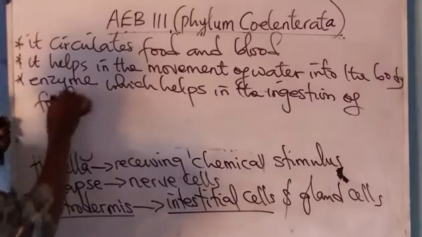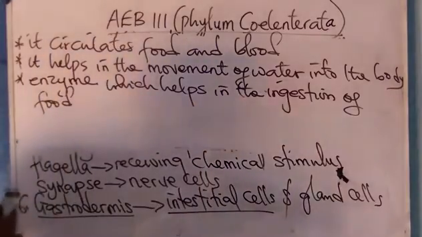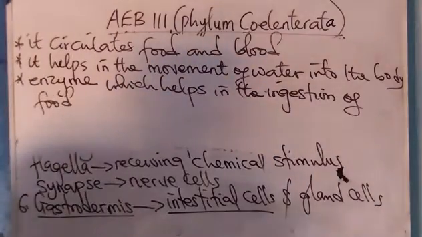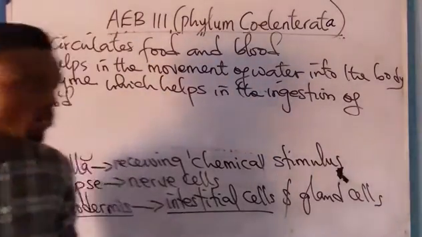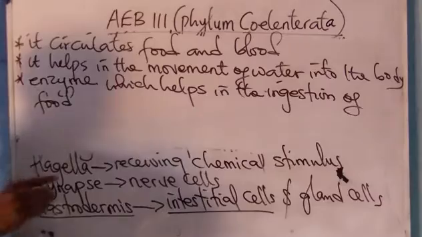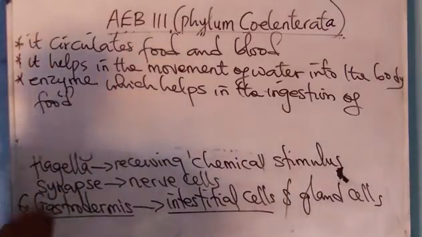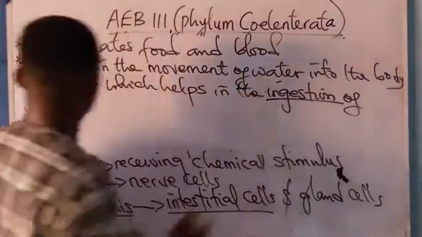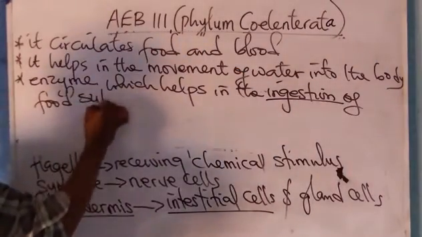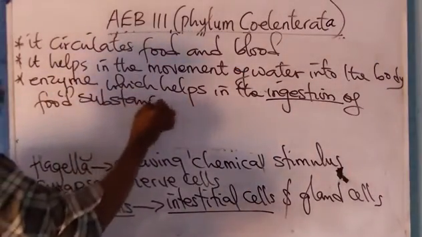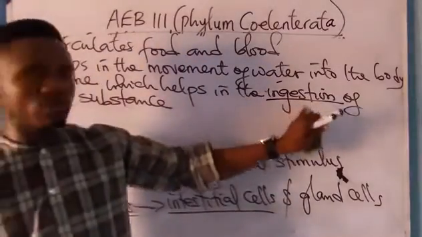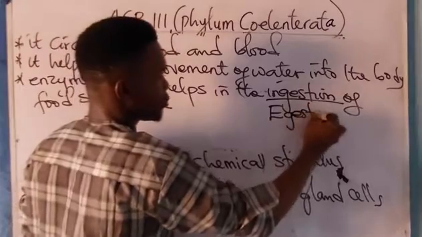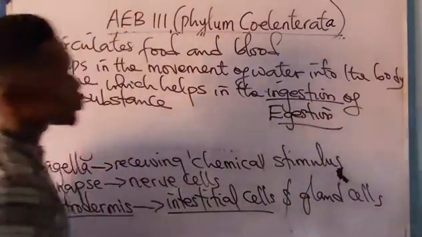Initially I told you that the gland cells are found on the mouth of the organisms, and they produce enzymes. These enzymes help in the ingestion of food substances. Ingestion means what? Food intake, while egestion means the removal of undigested food particles.